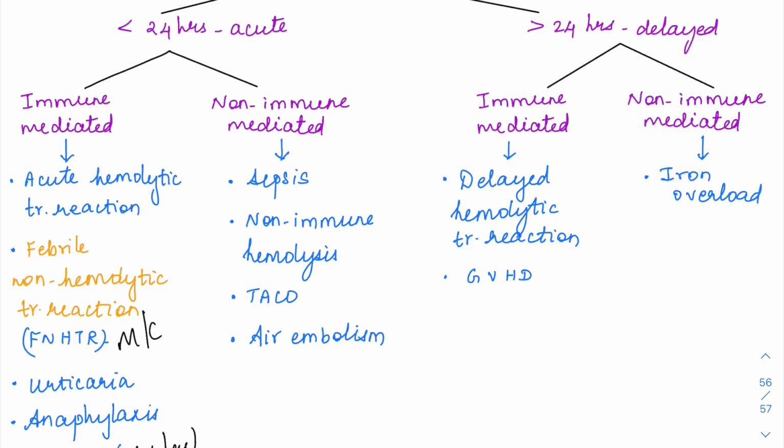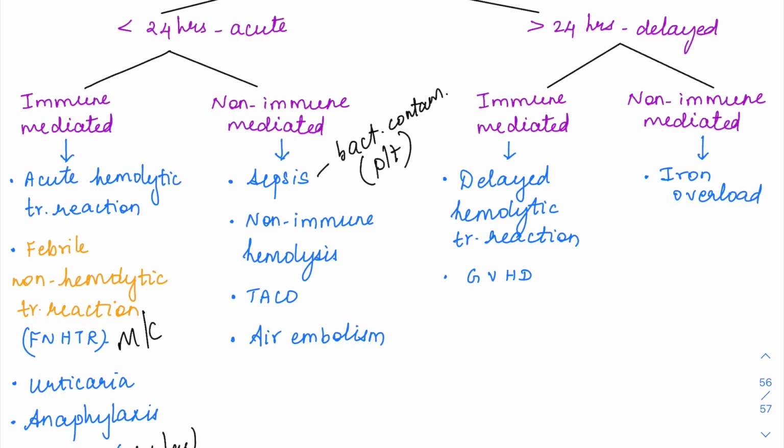Then under non-immune mediated reactions, you have sepsis. Sepsis usually happens with bacterial contamination, right? The most common contaminated product is platelet concentrate. When you are transfusing platelets, if you keep them outside for a long time and then transfuse, the patient can develop sepsis as there is a chance of bacterial contamination in the platelet bag.